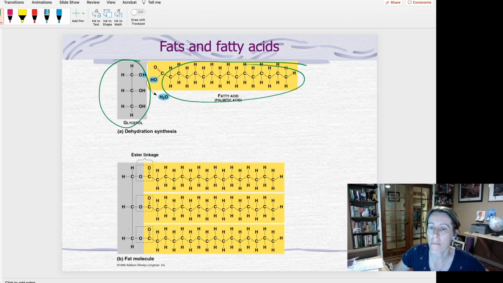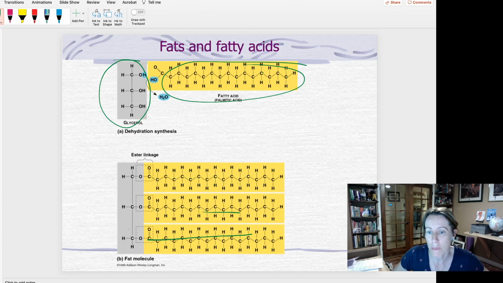The other thing is there are many different kinds of fatty acids, and how they differ is in the length of this chain. And sometimes you can get double bonds in this chain too. Fatty acids can be as short as 6 or 7 C's in a row. Some can be as long as 20. Now this triglyceride on this slide, all the fatty acids are the same. This one, this one, this one, they're identical, which is fine. Some fats are like that, but some fats have different fatty acids on each one. So this one might be long, this one might be short, and this one might be medium length.